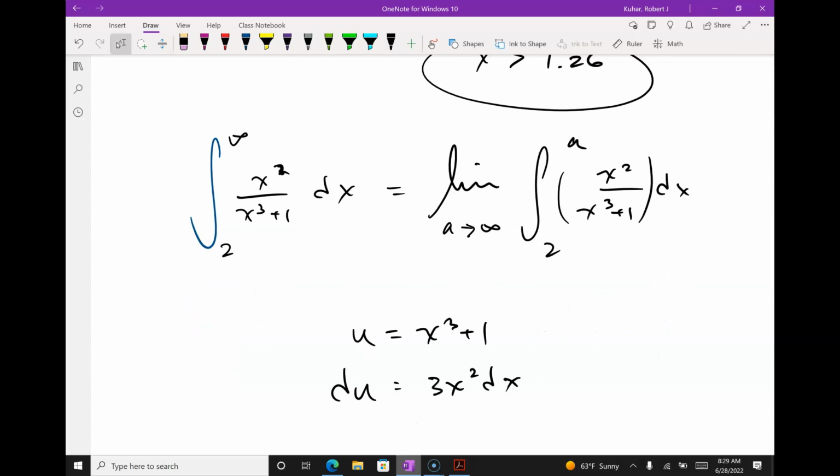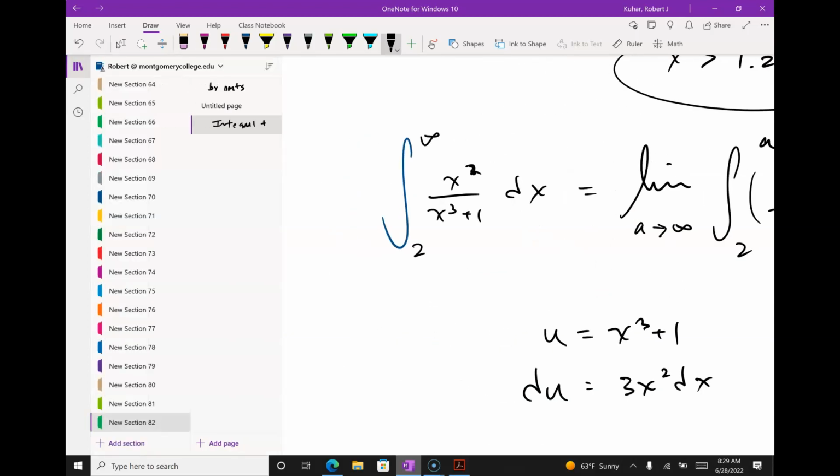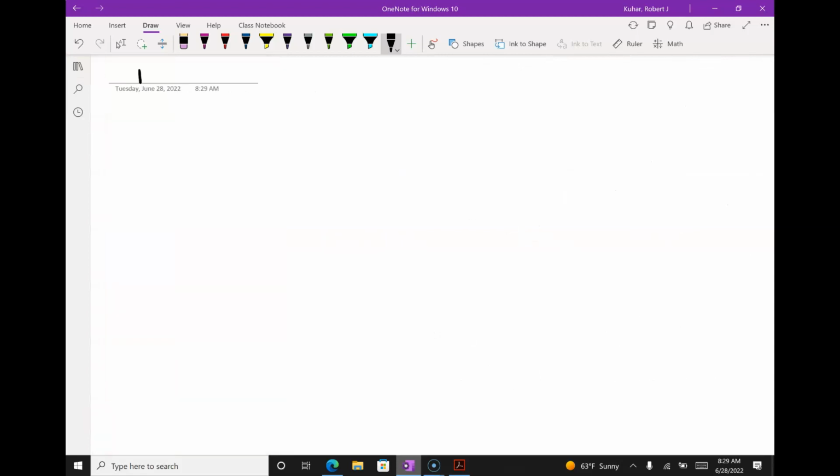Let's do another one. So there's an integral test with a u sub. This is an integral test with another thing happening here. So a sub n equals 3 over n squared minus 3n plus 2.